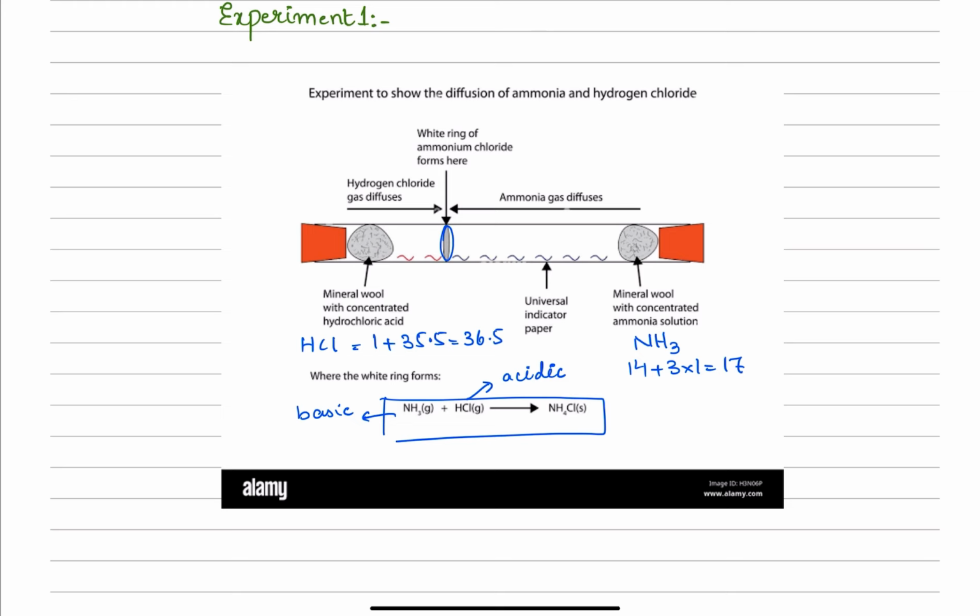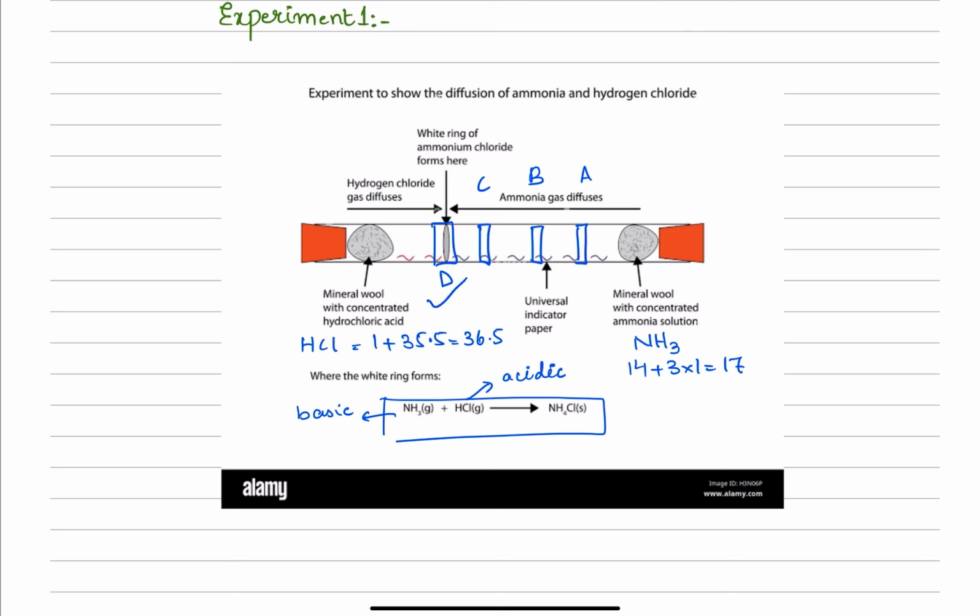In the exam, they can ask you the placement of the white ring of ammonium chloride, the white solid. They can give you options: position A, position B right in the middle, position C, and then position D. And they will ask you at what position the white ring of ammonium chloride would be formed.